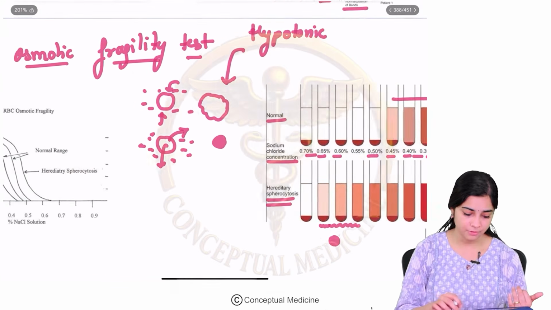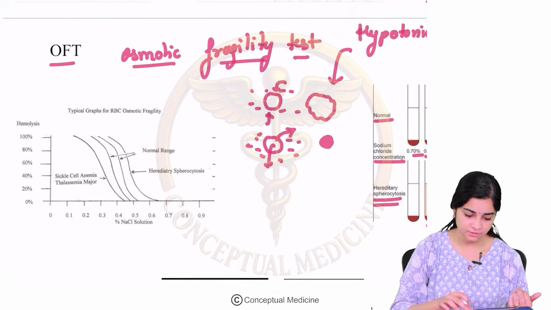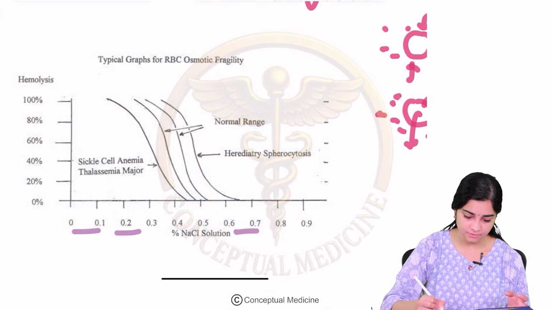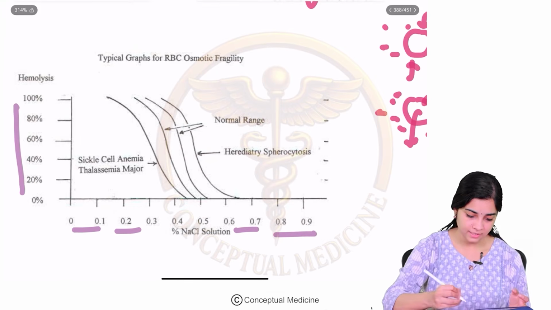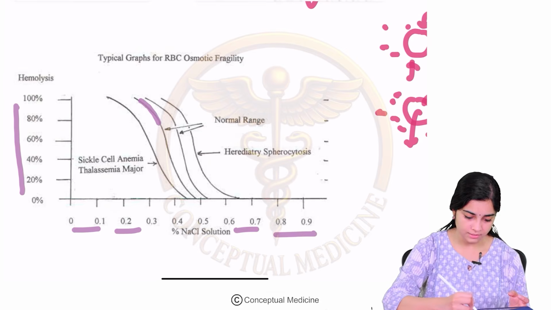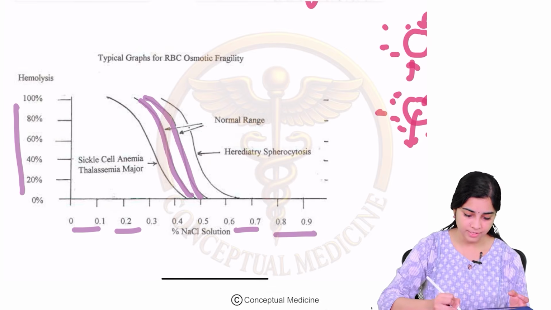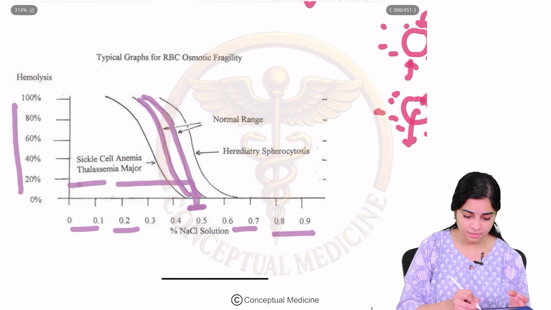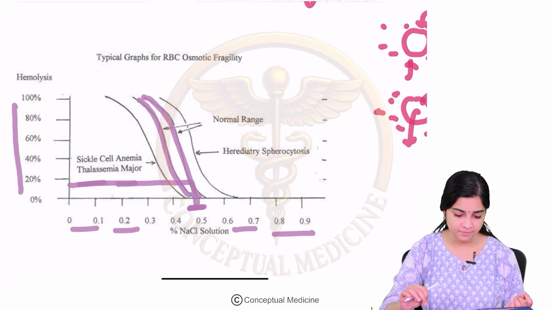And the same thing, if you put it onto a graph, I will just show you here. You can see that the concentrations of sodium chloride are plotted against the degree of hemolysis, and this is what we call the normal range, where you get a sigmoid shaped curve, right? At 0.45%, you can see that there is absolutely no hemolysis in a normal patient; the percentage of hemolysis is less than 20%.